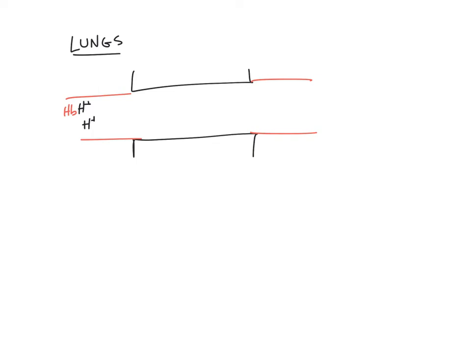Okay, so you've got lots of reduced hemoglobin. Okay, and it's coming in. Outside, you've got lots of oxygen in the alveolar tissue, but there's not a lot of CO2, so the oxygen is coming in.